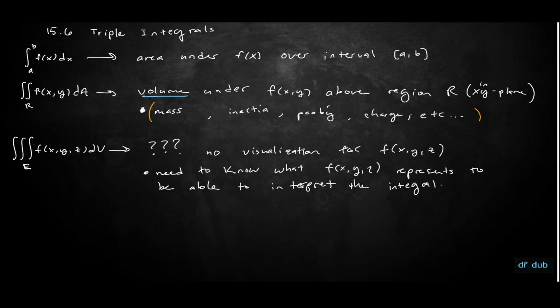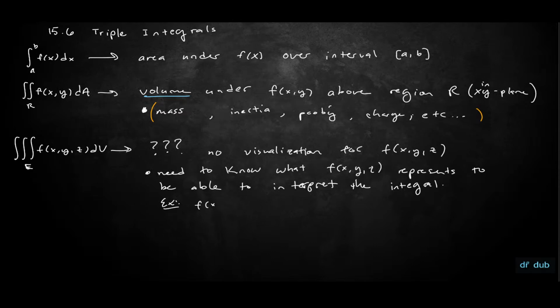For example, if f of x, y, z is kilograms per meter cubed, then the triple integral over the solid E of f of x, y, z dV would equal the mass of the solid E. So a triple integral is going to need an interpretation based on the function f of x, y, z before we can actually know what we're talking about.